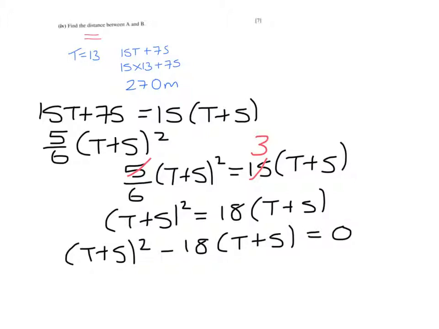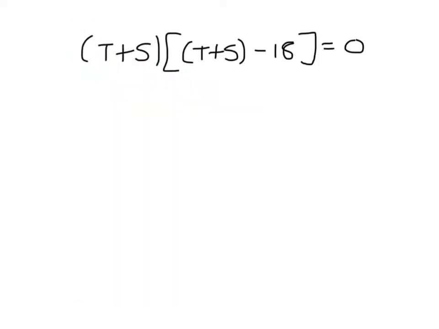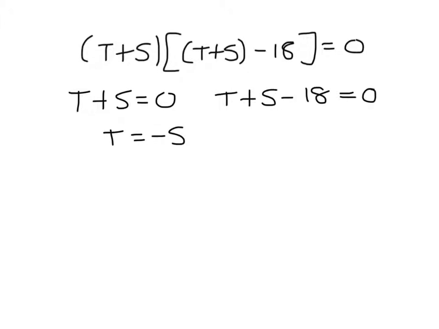That can be factorised. t plus 5 outside, inside a t plus 5 and a minus 18 have to equal 0. So we have that t plus 5 equals 0, which gives us the answer t equals minus 5. Or we have t plus 5 minus 18 equals 0, and we get t equals 13. This algebra method is not for everybody.